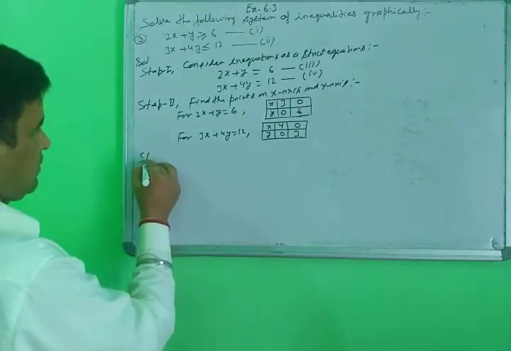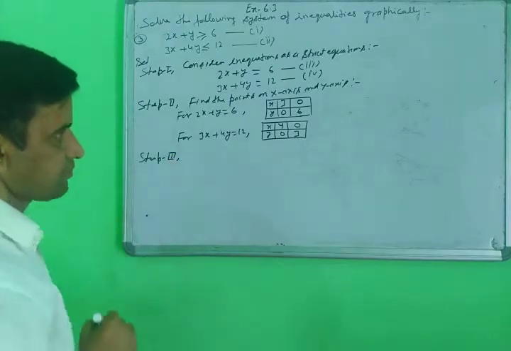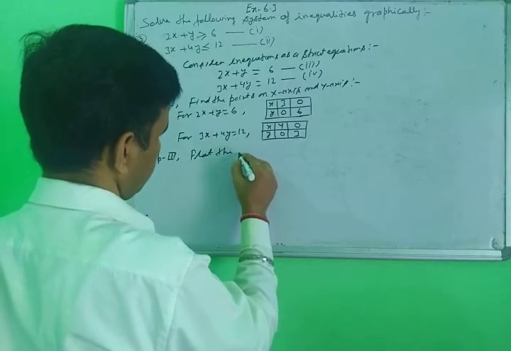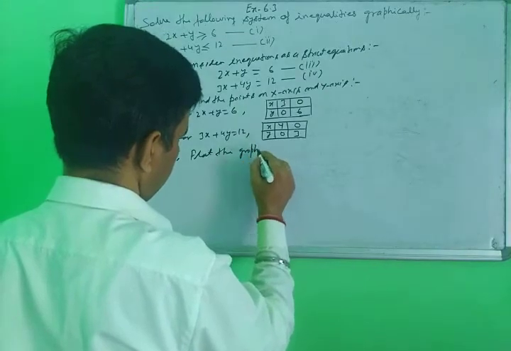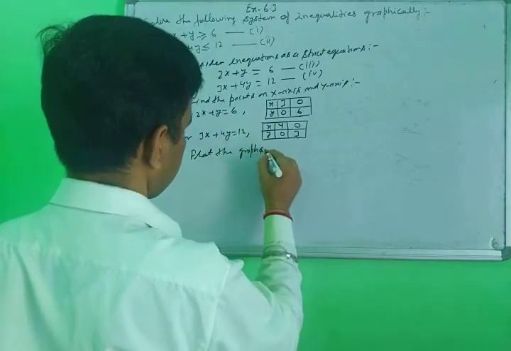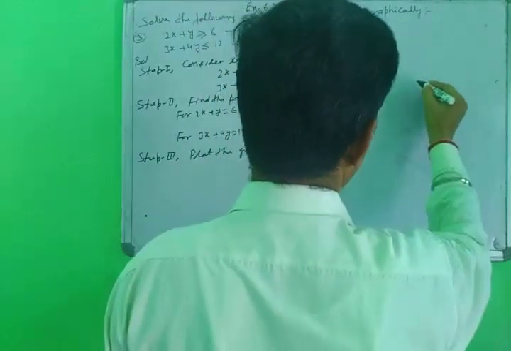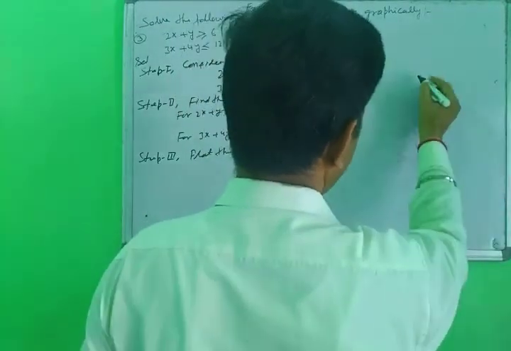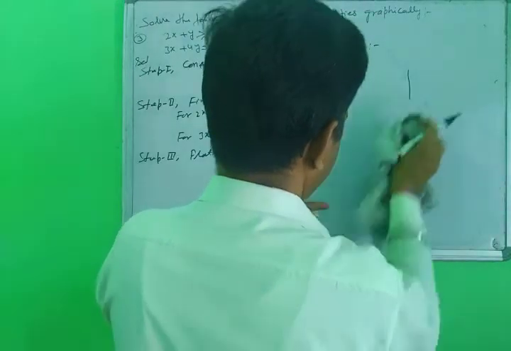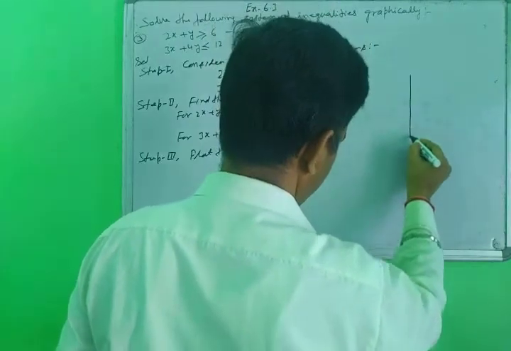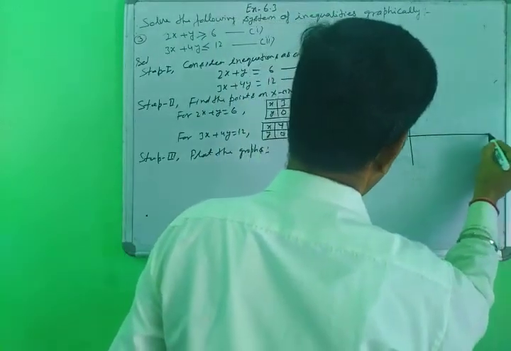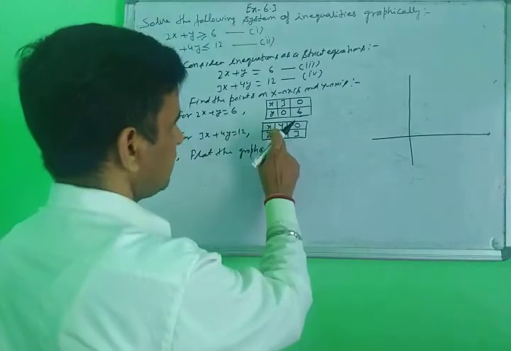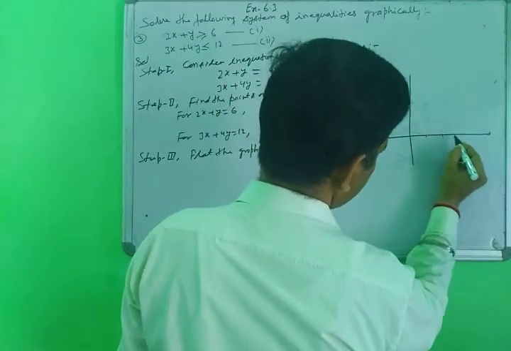Step third, plot the graph. First graph: x maximum value is 4, so first make 1, 2, 3 and 4.